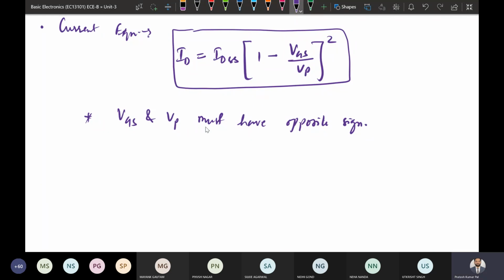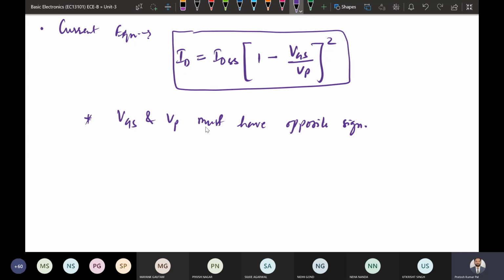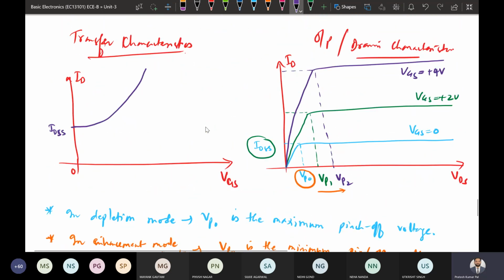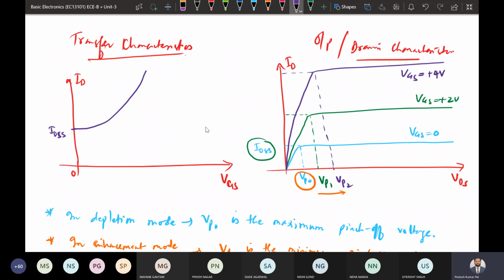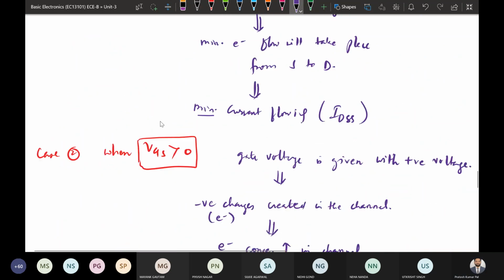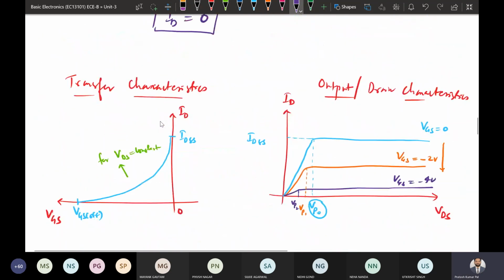Okay, so again here also we can see in case of transfer characteristics, ID is going to increase with respect to VGS parabolically. So a parabolic increase is there, and in that case we have seen there was a parabolic decrease in current.